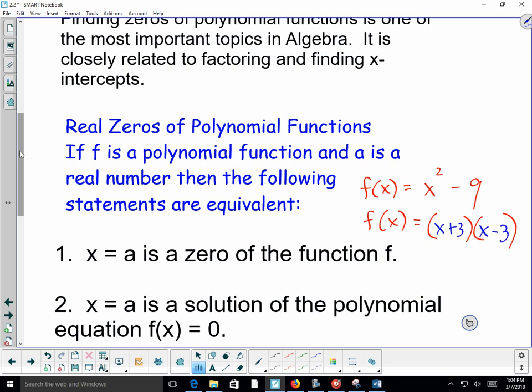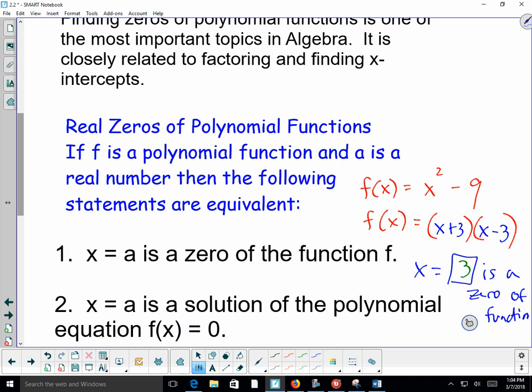So x equals what is going to be a zero of this function? If it factors into x plus 3, x minus 3, what must be a zero? 3, right? Or negative 3. Let's just go with 3.